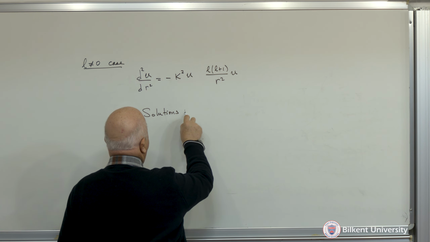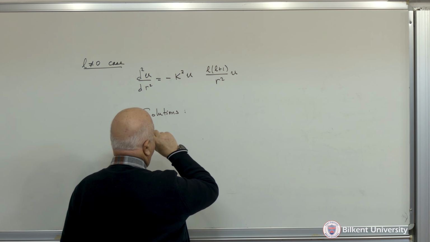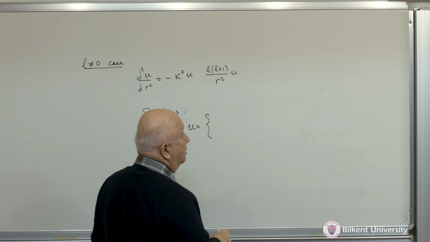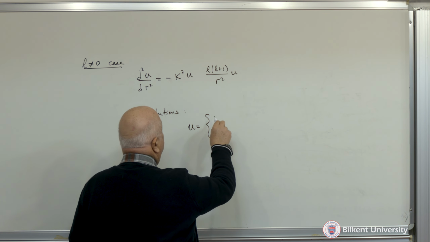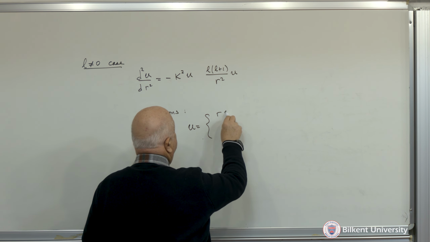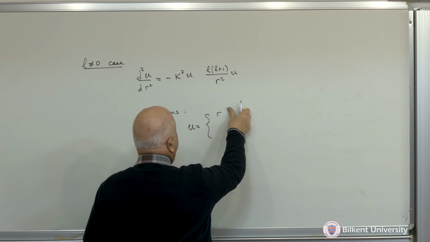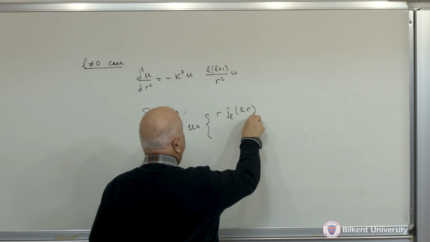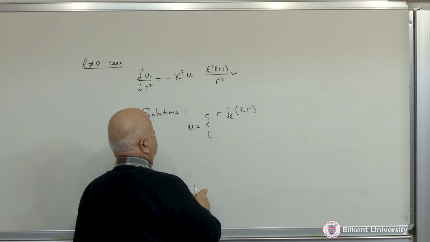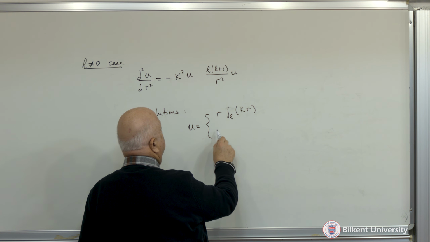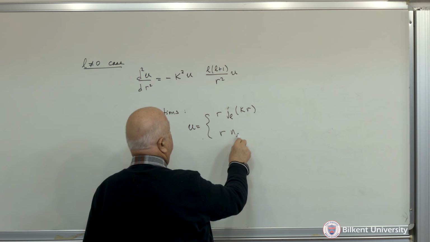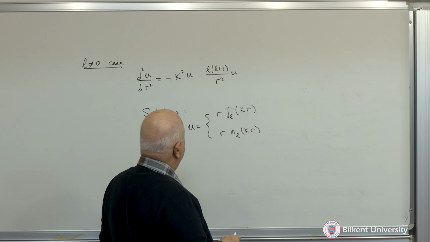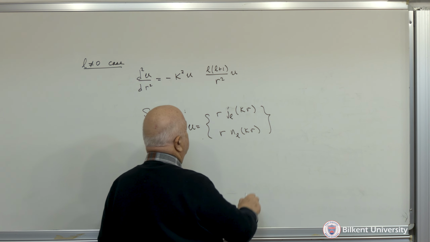So the solutions to this equation are, let me make sure I put down everything correctly. R times J sub L of K R. Okay, so they are functions which look like this, and there's also an N L of K R. And I have linear combinations of these things.